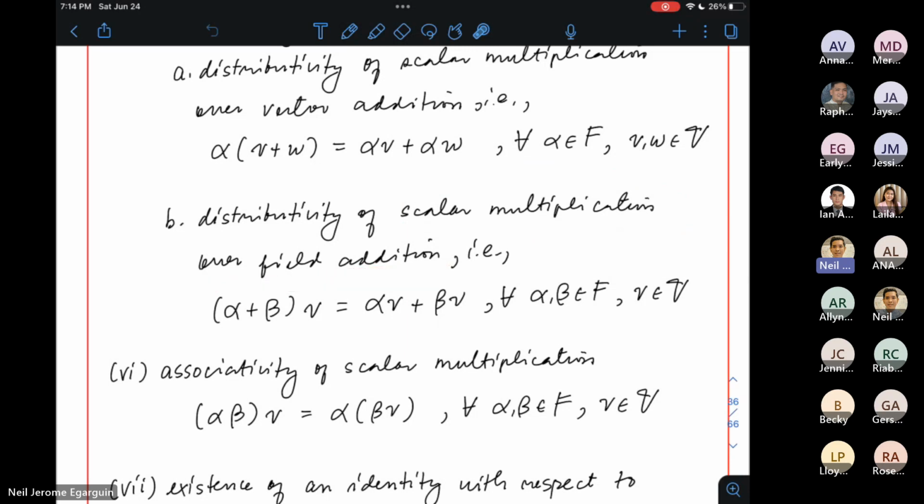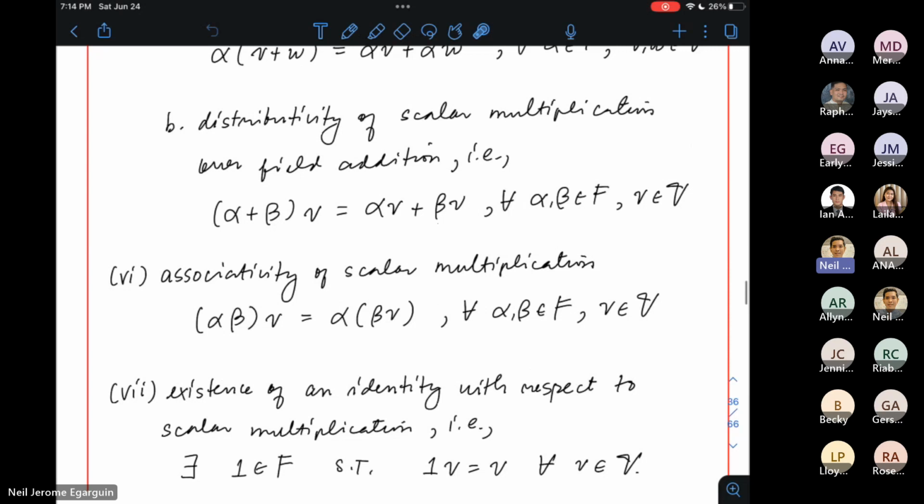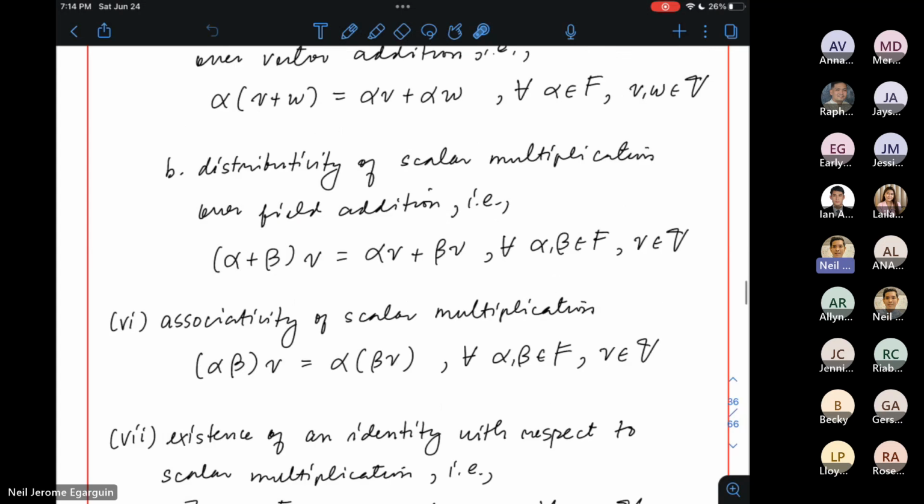So that means I need to perform, or I want to distribute the scalar multiplication after I added two elements of the field. Right? So, pag kinumpare nyo yung distributive law A at saka yung distributive law B, sa part A, nag-add tayo ng mga elements ng V. Pero dito sa part B, nag-a-add ako ng elements ng field. So meron akong field element alpha plus field element beta.